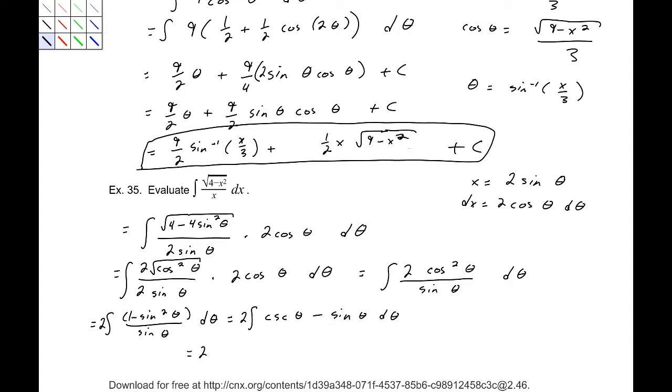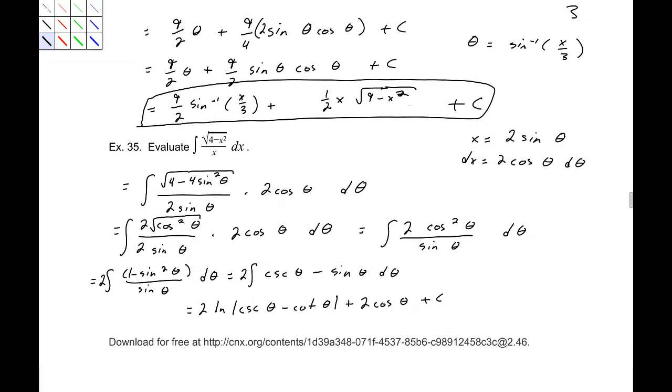That is 2 times the natural log absolute value of cosecant theta minus cotangent theta, keeping that variable in there, minus 2 cosine, and it'll be a positive cosine there, cosine theta plus c.